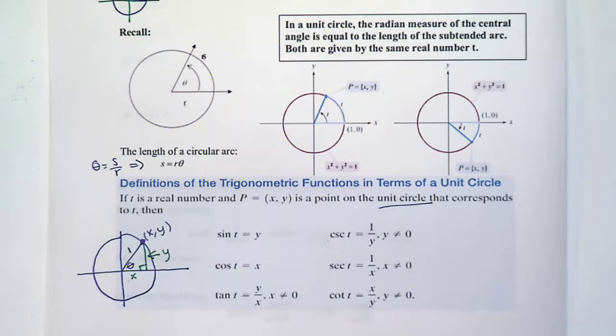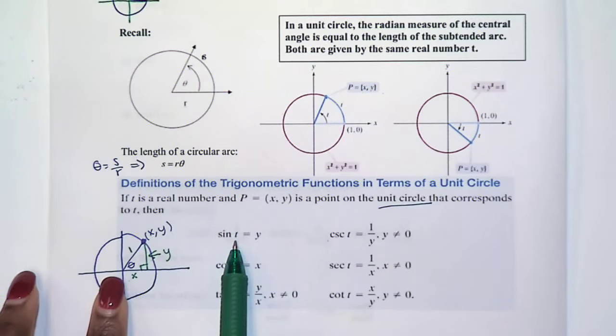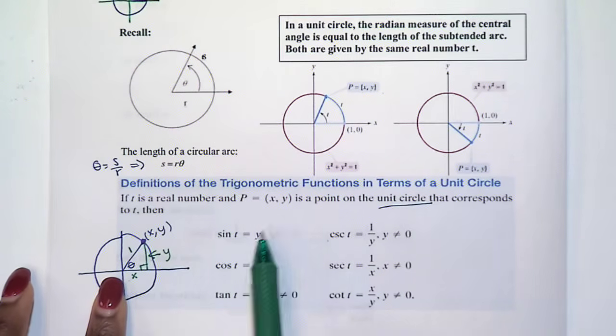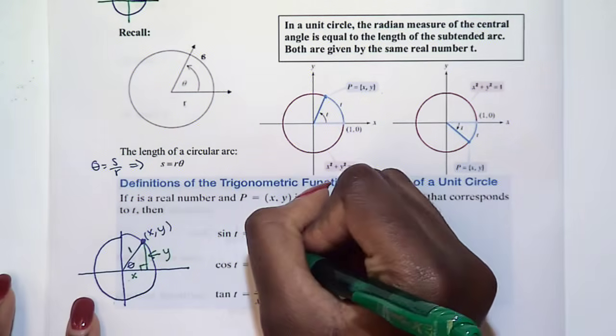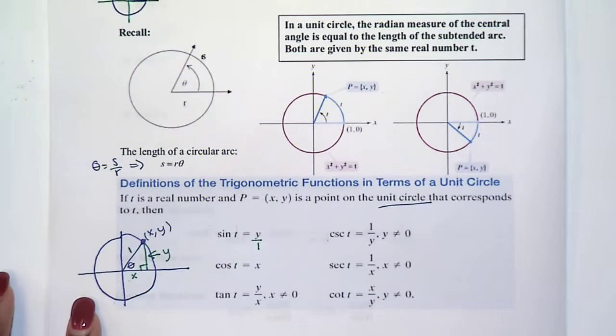So when we define our trig functions, we can still use opposite, adjacent, hypotenuse, just like we've been using. For example, let's say this is our angle, and I should have named this t. Sine of our angle is opposite, which is y, over hypotenuse, which is 1. So that's how we get sine of t is y.